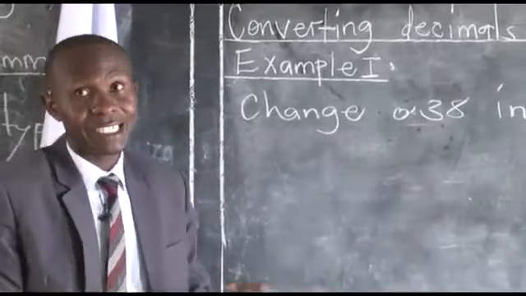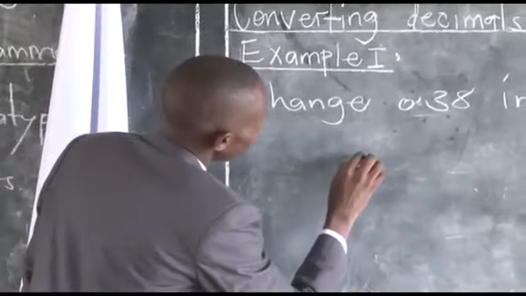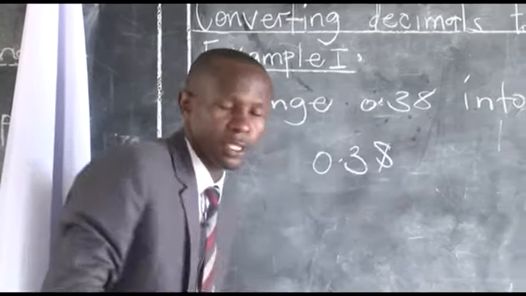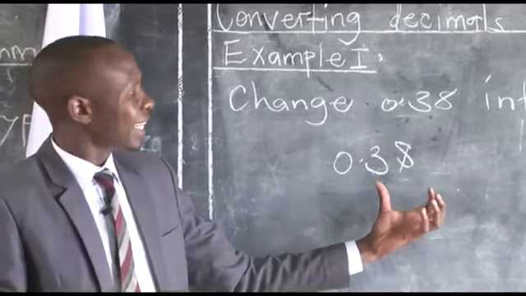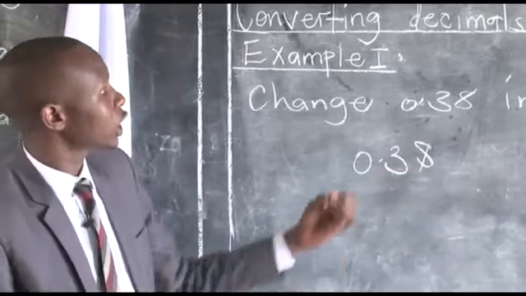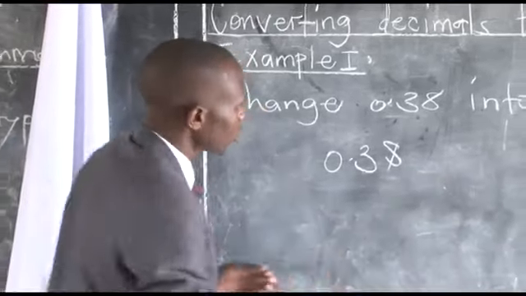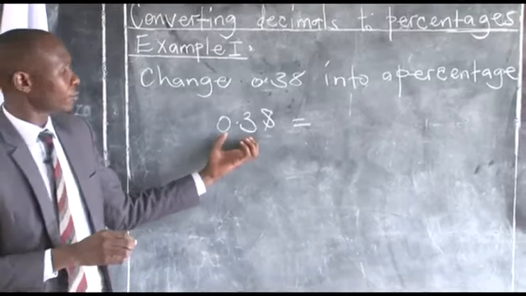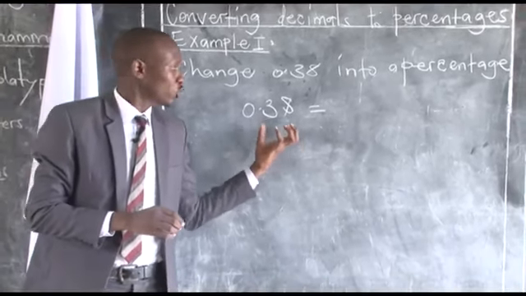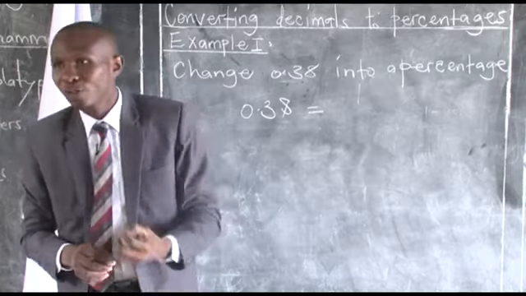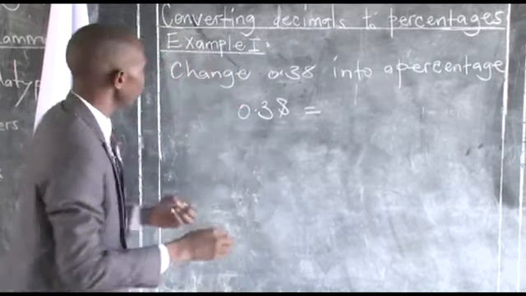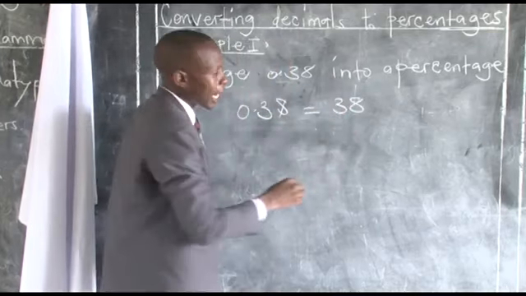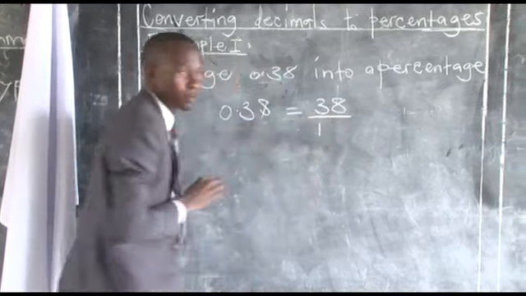We shall first of all get our decimal number. We write it here, 0.38. This is the number that requires us to change into percentage. The first step we have to do, we shall change this decimal number into a fraction. Okay? So we shall have this as 38 out of 1.